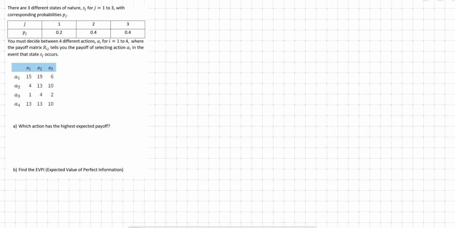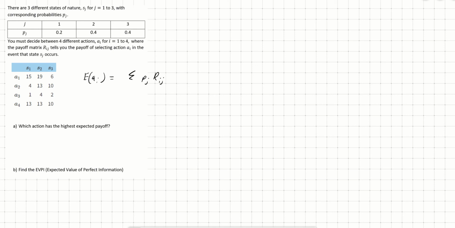And then part A asks us, which action has the highest expected payoff? So what we need to do is for each action, we're going to work out the expected payoff. So the expected payoff of action i, E(Ai), is the sum of the probabilities multiplied by the payoff.